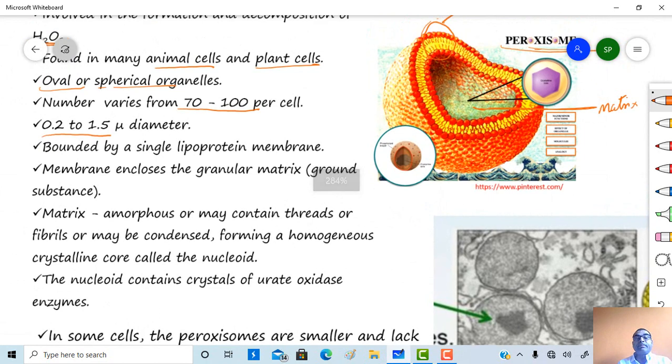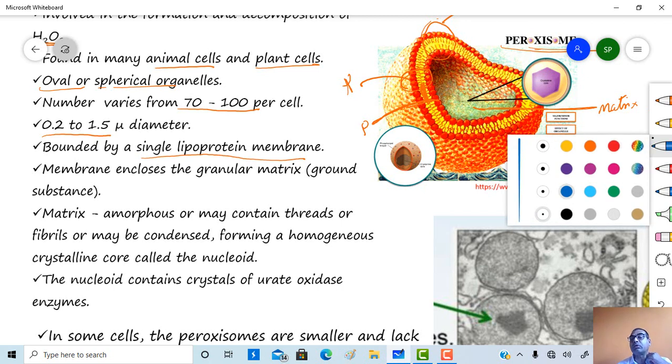Peroxisomes are bounded by a single lipoprotein membrane. This one is a lipoproteinous membrane. This layer will act as a protein, this layer will again act as a protein, while this yellowish colored region acts as a lipid bilayer.